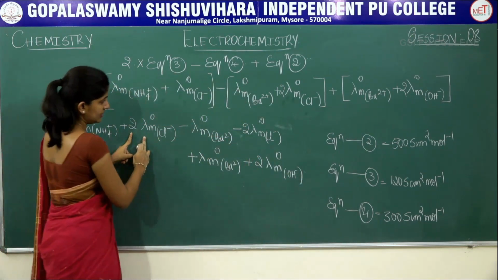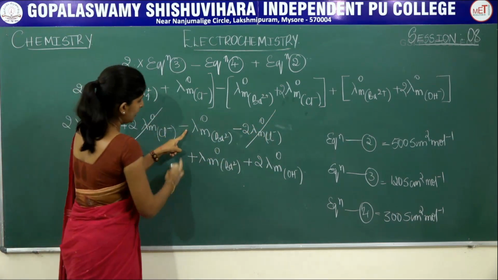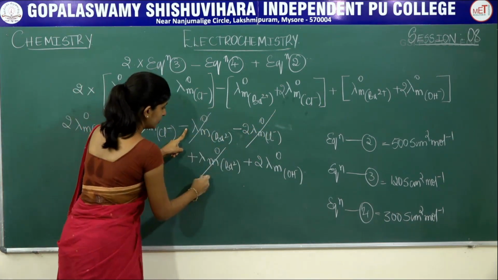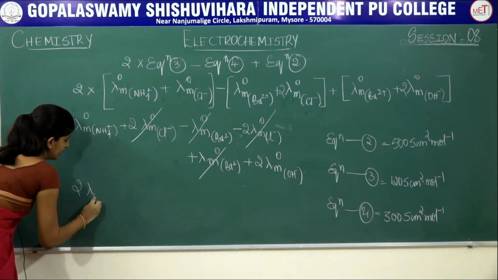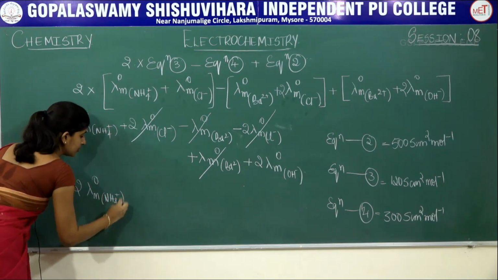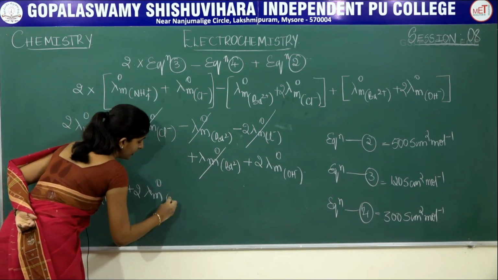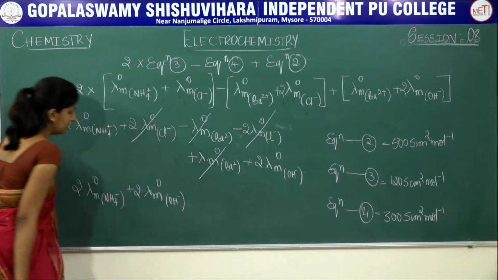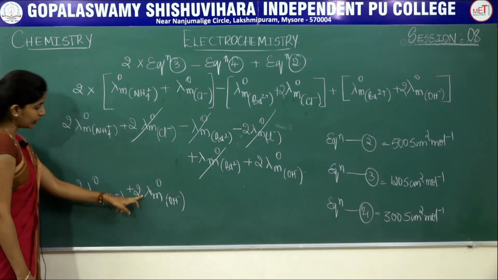So the 2 Cl minus ions get cancelled out. Barium gets cancelled out. The remaining equation will be 2 lambda m naught of NH4 plus, plus 2 lambda m naught of OH minus. The required thing is 1 each, but you have got 2 each.